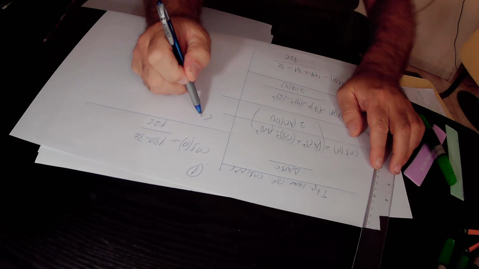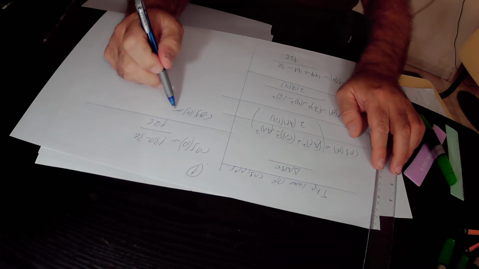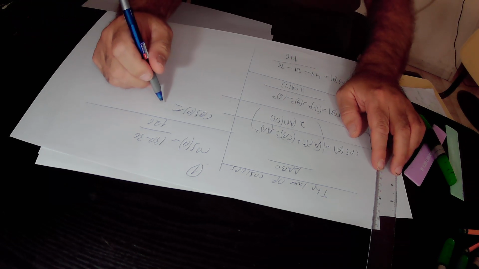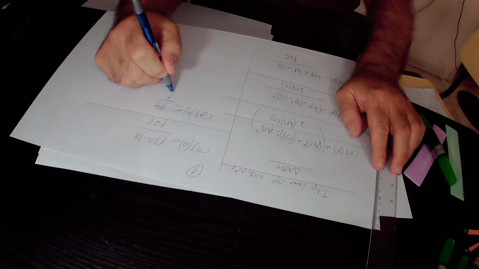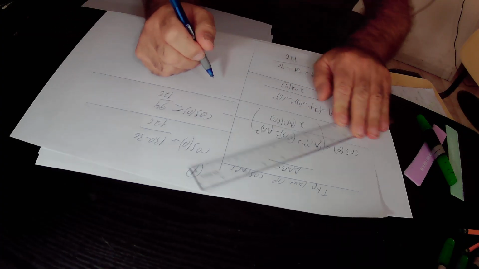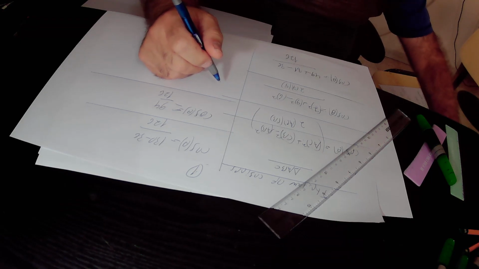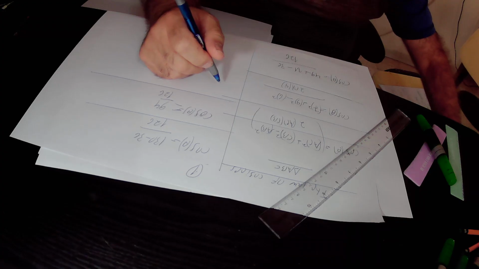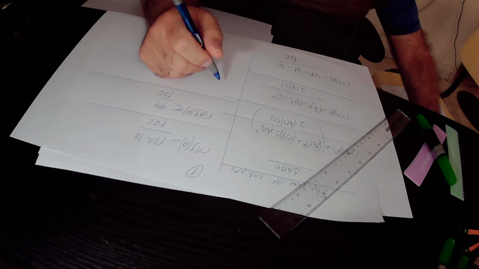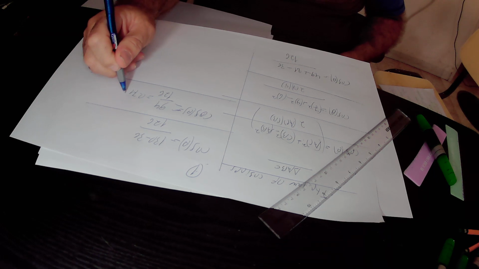So cosine theta equals 130 minus 36, which is 94, over 126. 94 over 126 is equal to 0.7169.